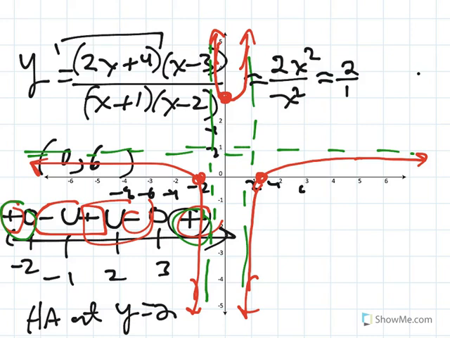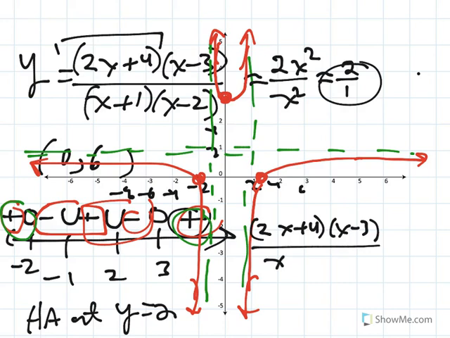calculation to be sure. And the extra calculation is, since we know that the asymptote's at y equals 2, if we set our original equation 2x plus 4 over x minus 3 over x plus 1 x minus 2 equal to 2 and try to solve that, that's going to take a lot of work actually.